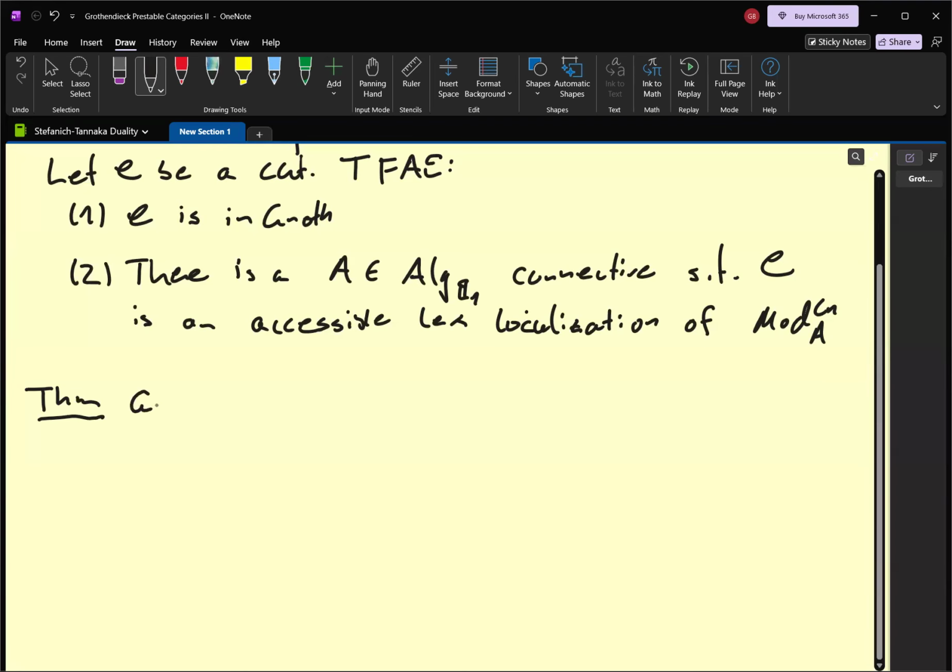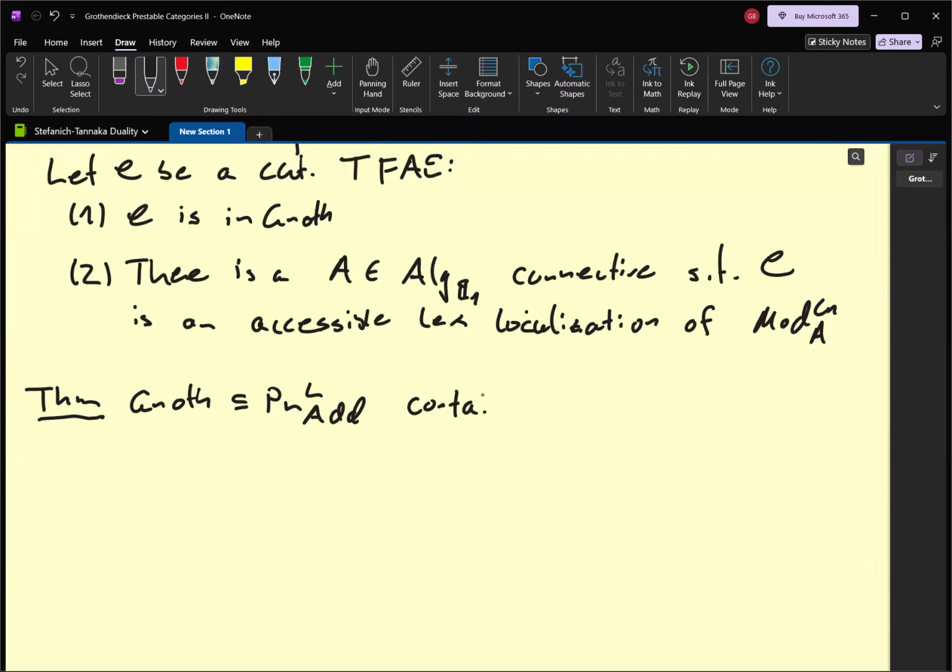So we have Groth, which is a subcategory of PRL add, the additive categories. I mean, connective half of a t-structure, so it's additive. This contains the monoidal unit, Sp≥0, and is closed under the tensor product.